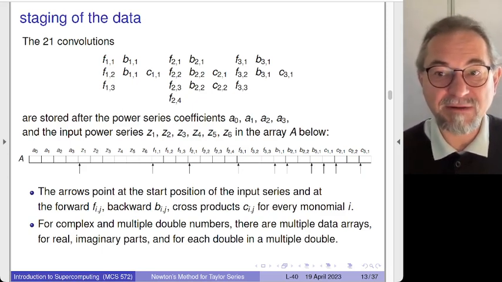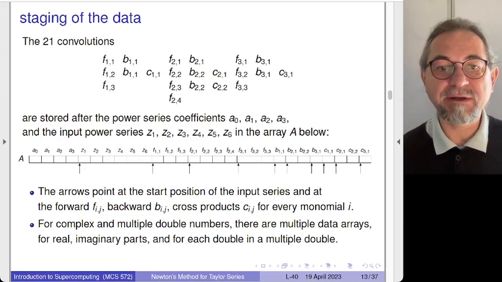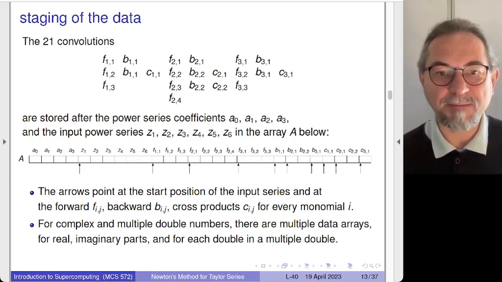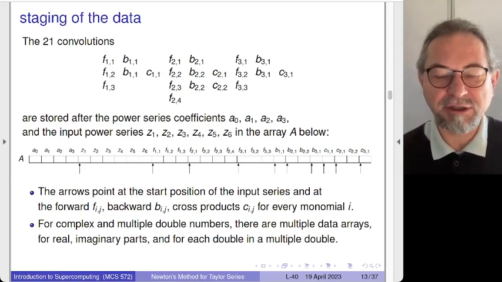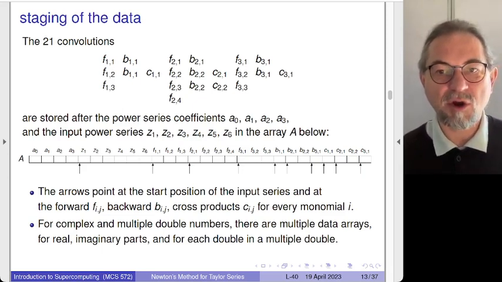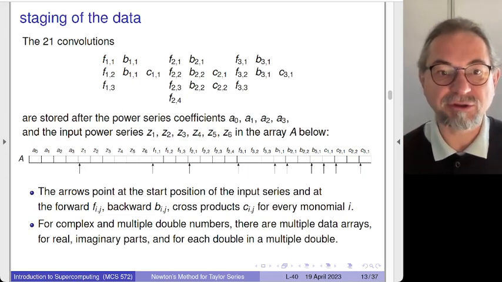One needs to be very careful how to define the jobs. So in here is where the staging of the data is very critical. The power series coefficients are stored in a way that is outlined here, in one very, very long array. And we have the coefficients. So the A naught here is actually a sequence of 32 coefficients if your degree of truncation is 31.